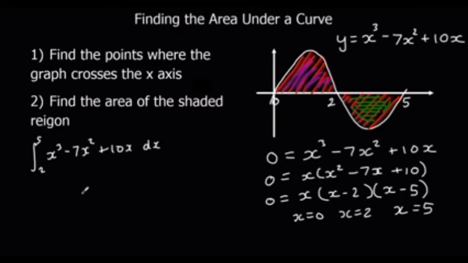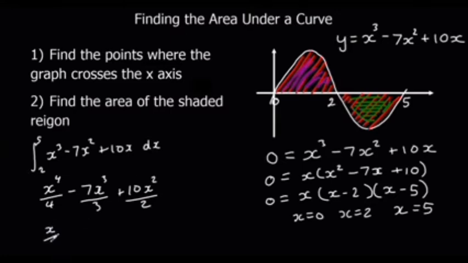So let's integrate this. So we're going to add 1 to the power, divide by the new power, add 1 to the power, divide by the new power, add 1 to the power, divide by the new power. And of course we can simplify that.